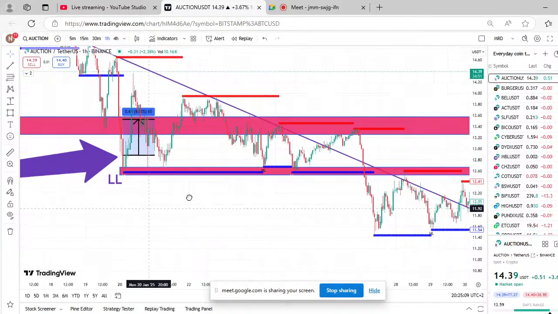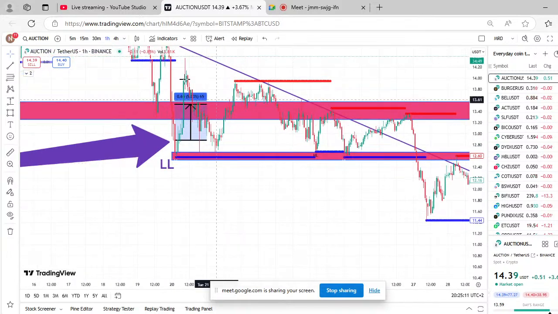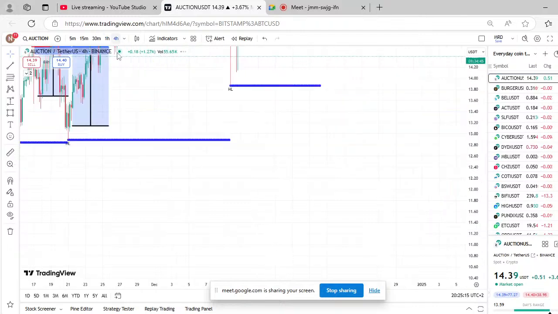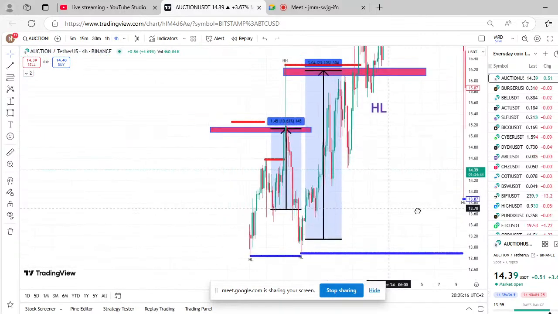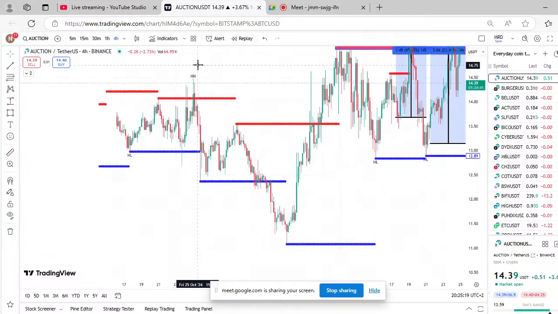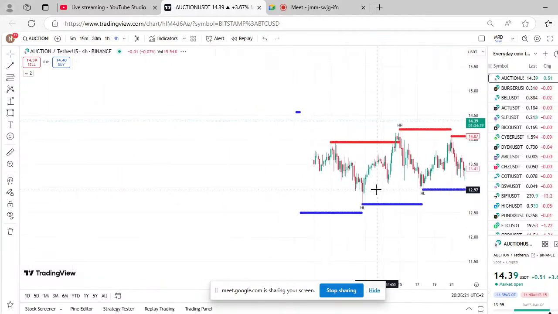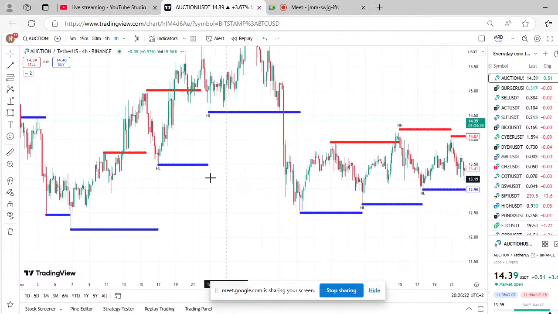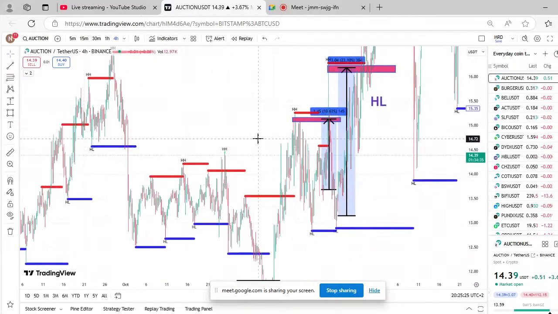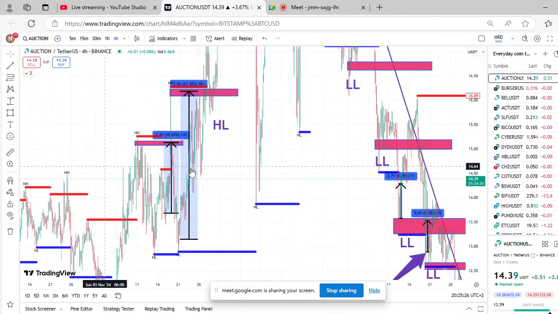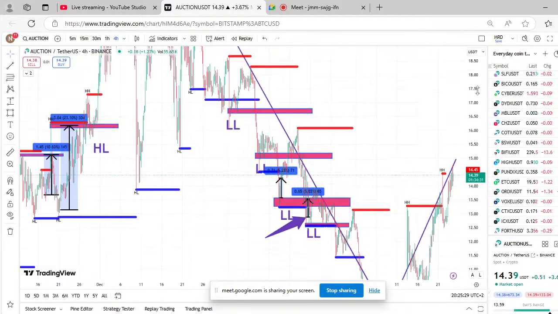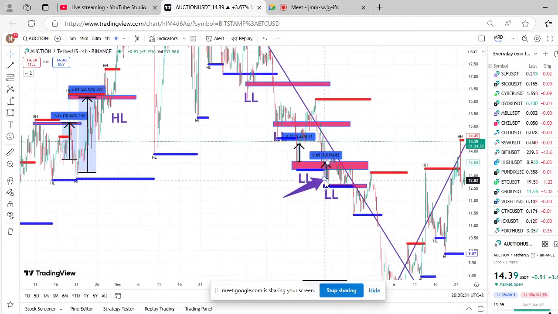Now this line is on 1 hour, but when I change to 4 hours, you will also find that where we put our line, we are correct. Hey, where is our downtrend? Hey, where are you? It is here. Now, are you seeing how we are following the market? Are you seeing how we are following the market?